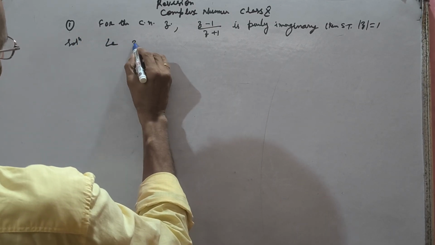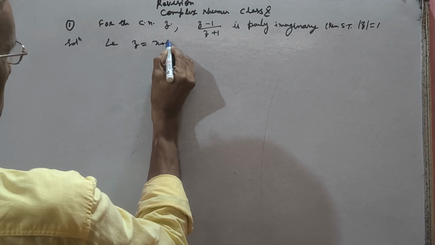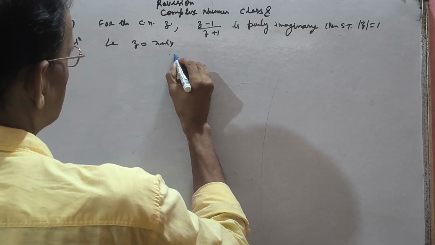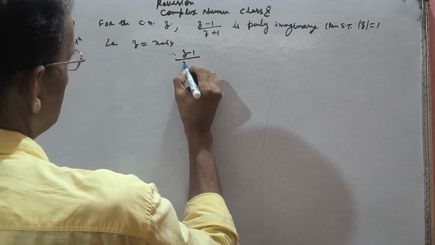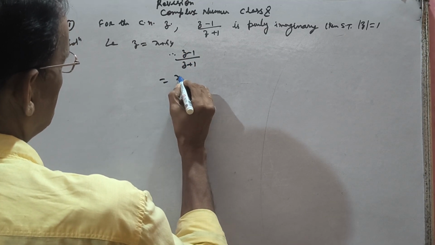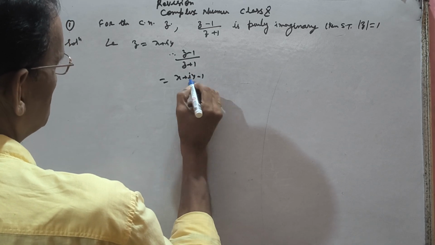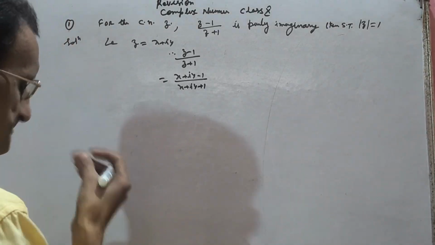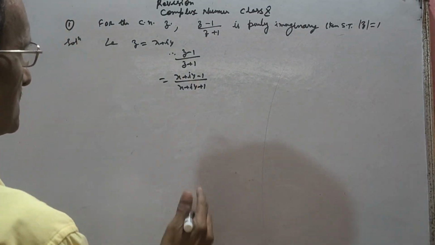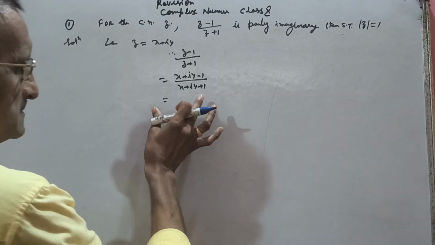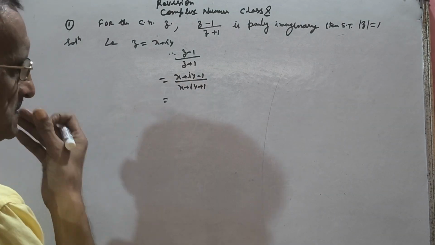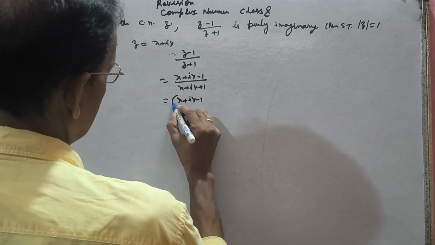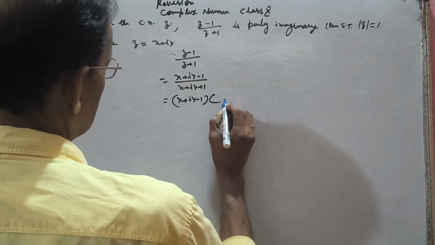Let z equal to x plus iy, or you can take a plus ib. Now find z minus 1 by z plus 1. Put the value of z: x plus iy minus 1 over x plus iy plus 1. Now make the denominator real. What will we multiply here?